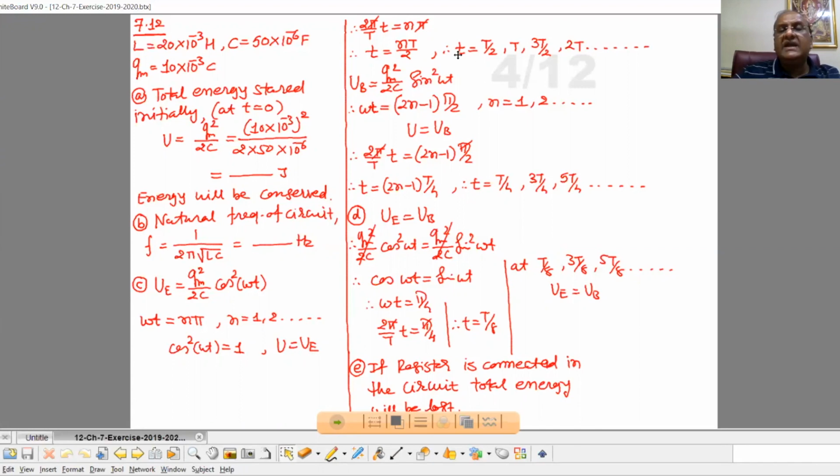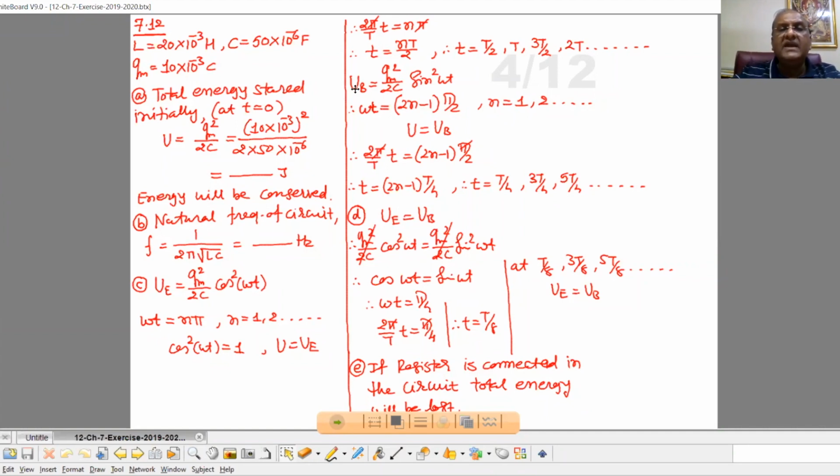It implies that at time small t equal to capital T by 2, capital T, 3 capital T by 2, 2T, at these times, the total energy in the circuit, that will be in the form of electric energy. Then after, at what time the total energy is in the form of magnetic energy, that we have to calculate.